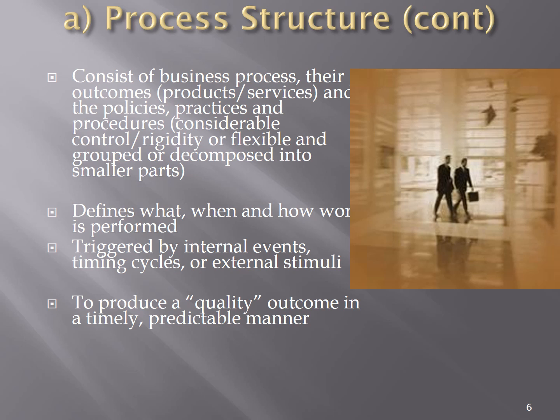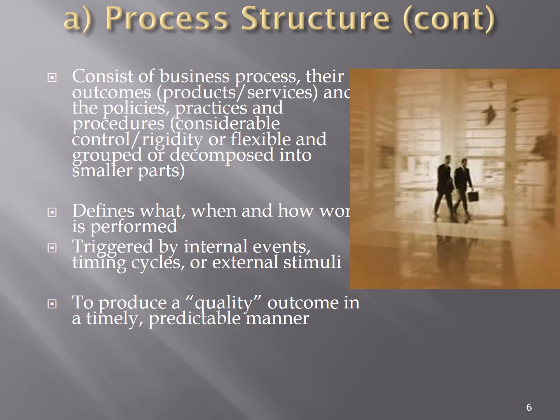Okay, it wants to seek efficiency and effectiveness in an organizational process structure. It wants to produce a quality outcome in a timely manner. So in order to have that efficiency, effectiveness, we have to keep in mind the importance of carrying out each process with quality.